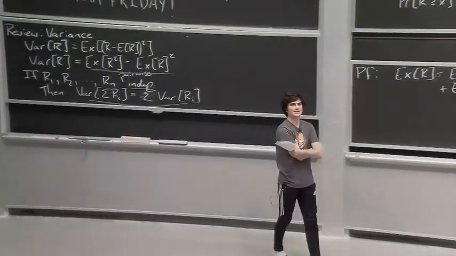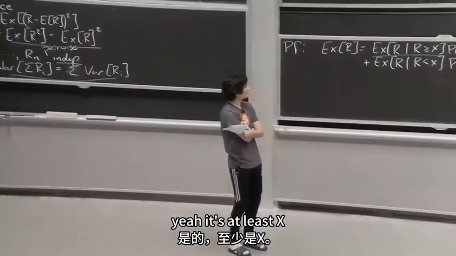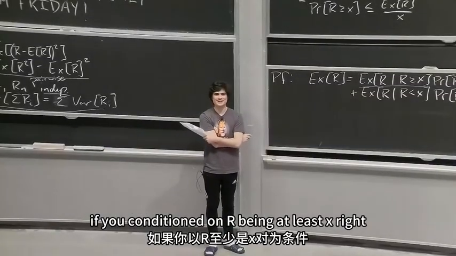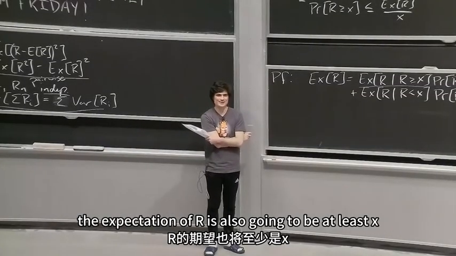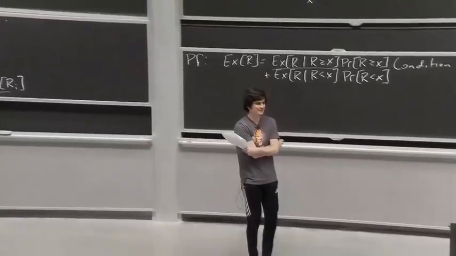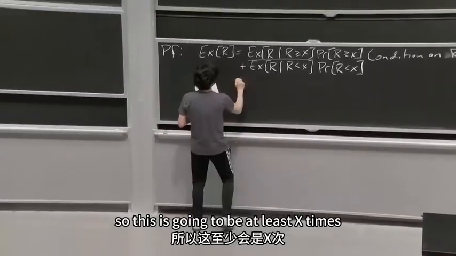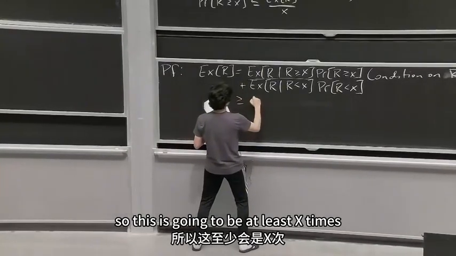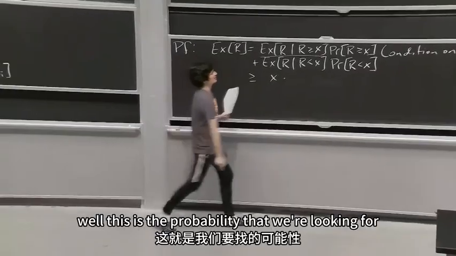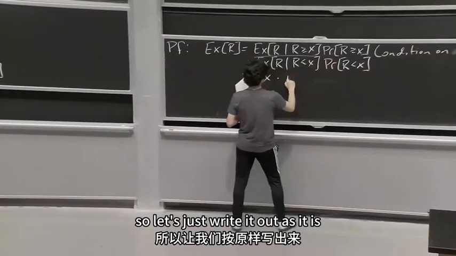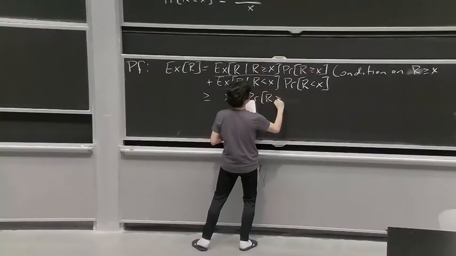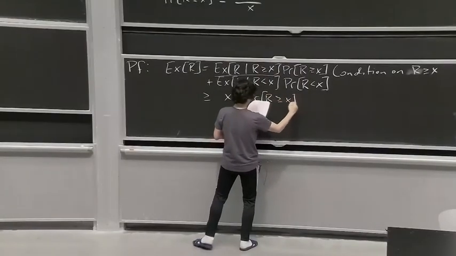Yeah, it's at least x. If you conditioned on R being at least x, the expectation of R is also going to be at least x, right? Every outcome is at least x. Okay? So this is going to be at least x times, well, this is the probability that we're looking for, so let's just write it out as it is.